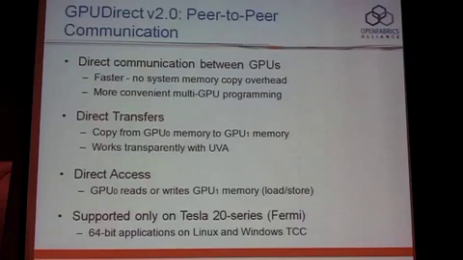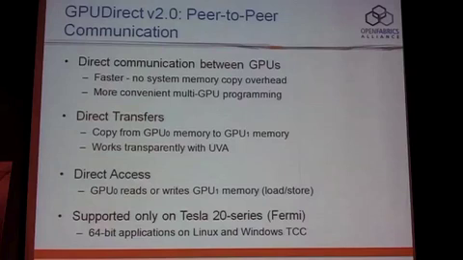Advantages of P2P. It's a direct communication between GPUs. We have two DMA engines on our GPUs, so we're able to saturate PCI Express in both directions. It's a direct transfer. It's not bouncing through host memory. It's actually going directly across PCI Express. This works transparently with UVA.